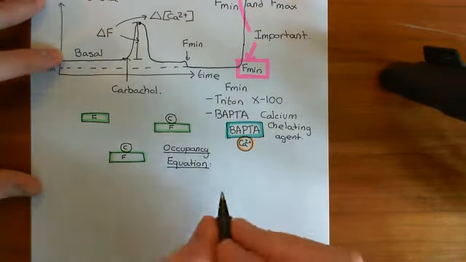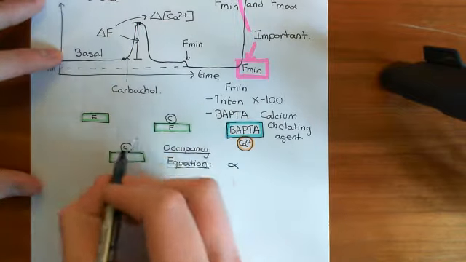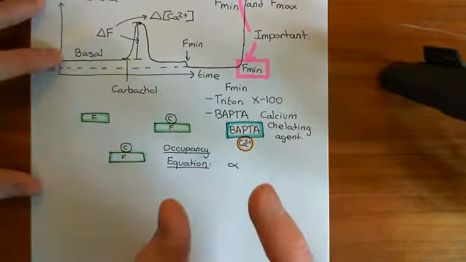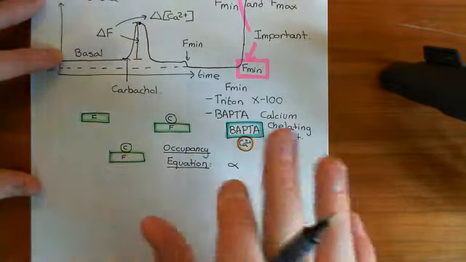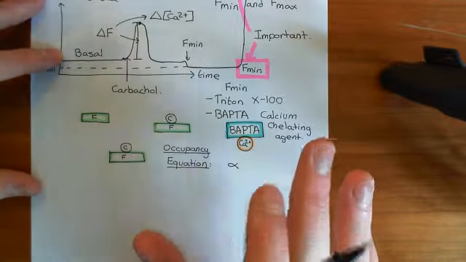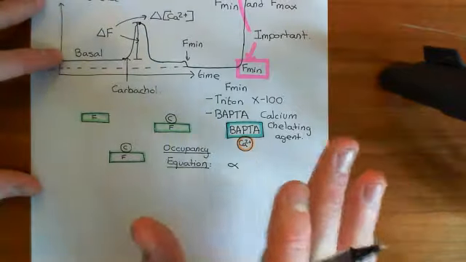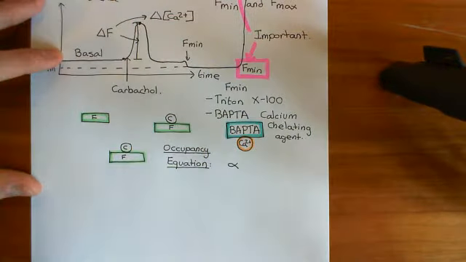Basically, this tells us the fraction of Fluo-4 molecules within the cells which are going to have calcium bound. Now remember, we're assuming that the number of Fluo-4 molecules in each cell is roughly the same. We're also assuming that the calcium concentration in each cell is roughly the same at all points of this curve.